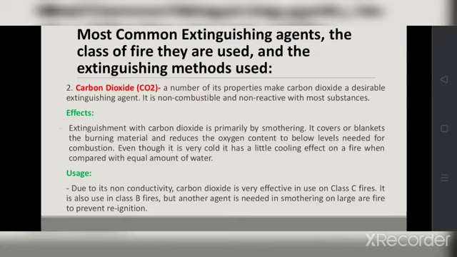So again, to prevent reignition, we should use the proper extinguishing agent to completely extinguish a fire.